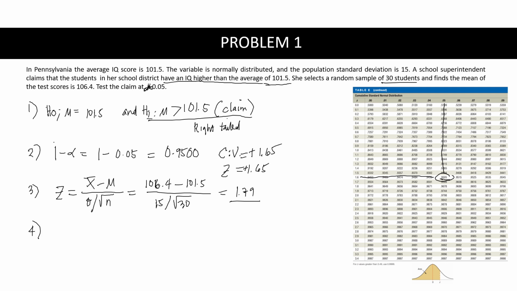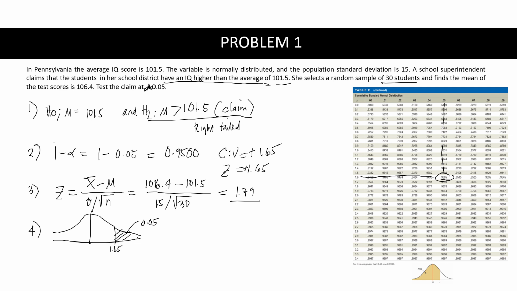Next, we have to make a decision. So fourth step, we have to make a decision. In decision making, we have to draw this one. Sorry for my figure. That is 0, this one is 0.005, and our critical z value is 1.65.